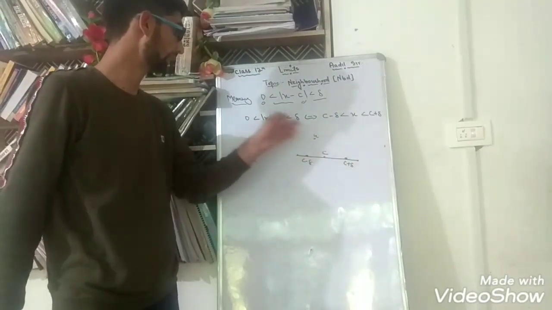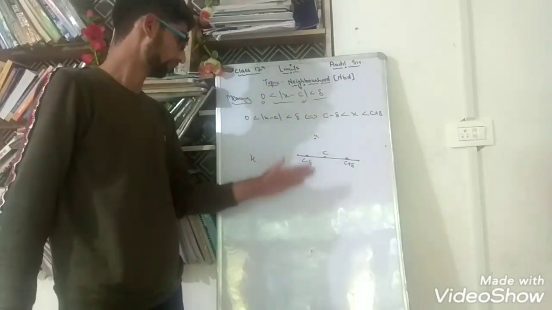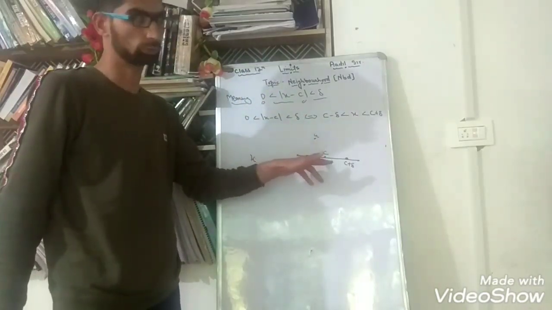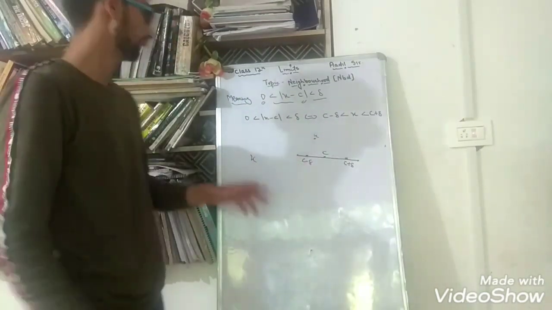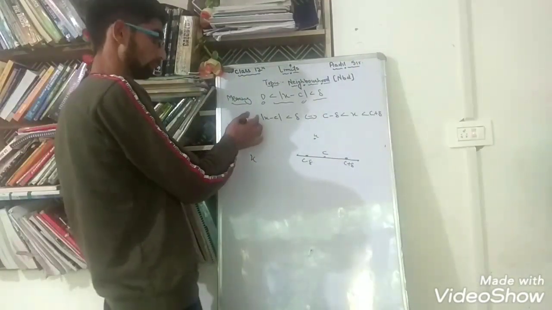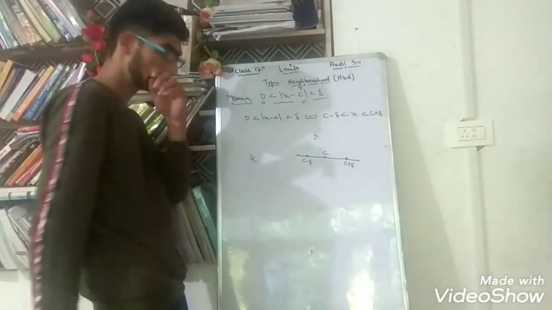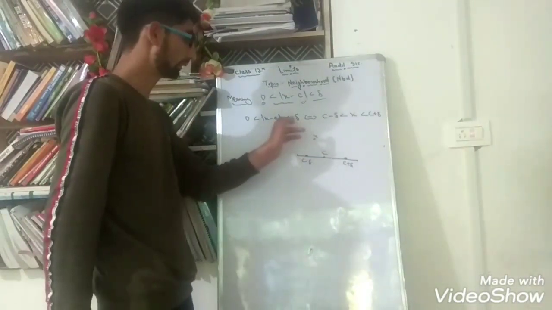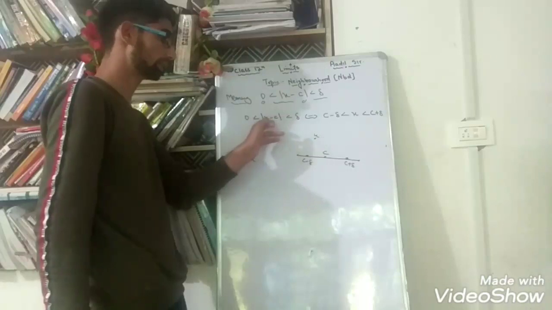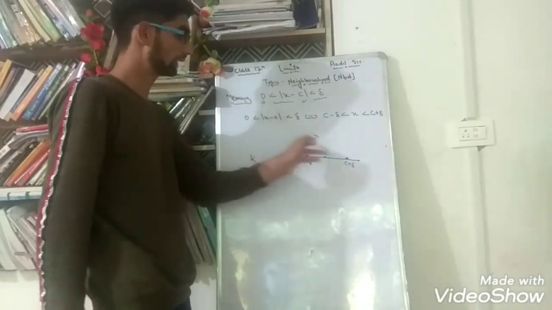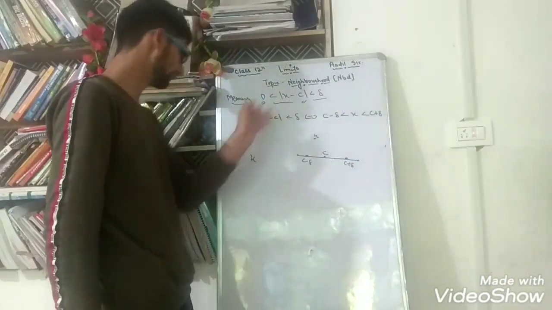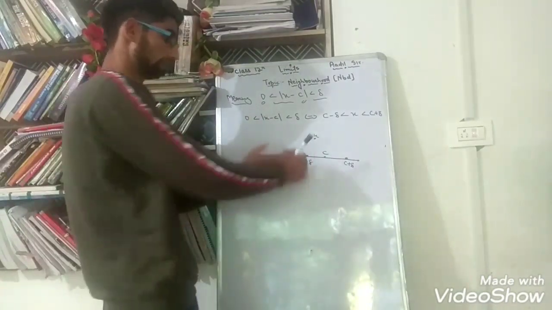When we find the distance between that point and C, we get a distance greater than 0 but less than this delta. If the distance is equal to delta, we will get beyond this. If it is less than 0, we will go to the left.